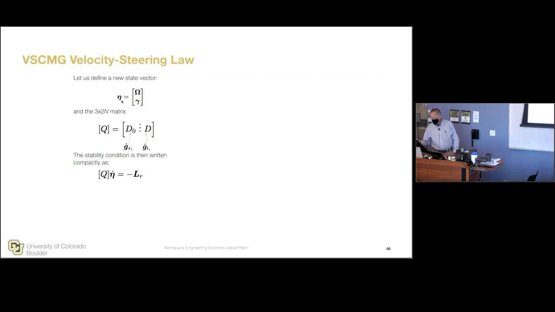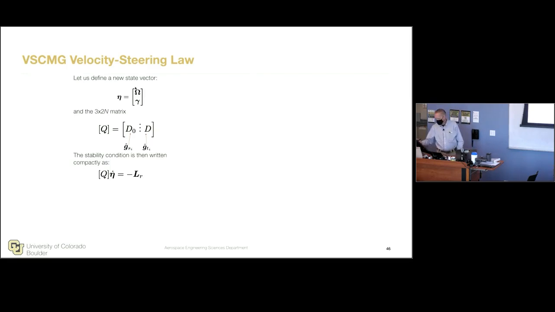So now I have this eta vector. So instead of gamma dot like before, where there was d1 times gamma dot, I have this new state vector, which is my wheel speeds and my gimbal angles. So now this Q matrix will be a 3 by 2n matrix, right?